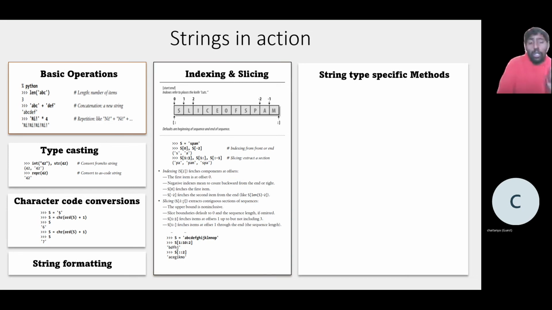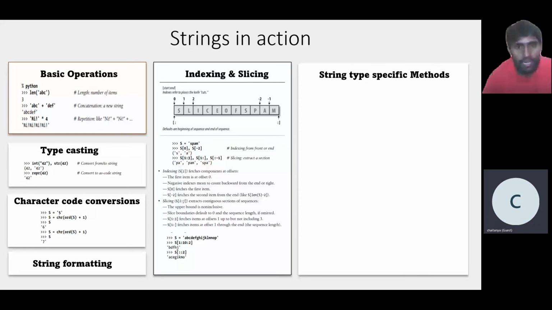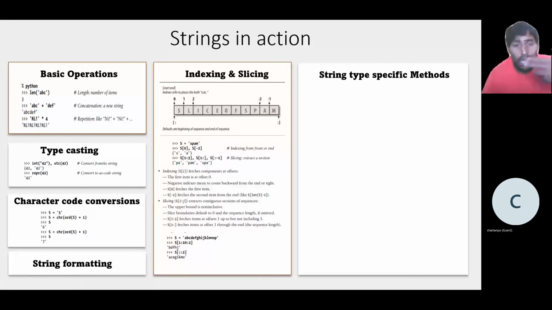So now, in a collection, for indexing, you have forward indexing or reverse indexing. If you see clearly, your first character index is 0, and that's forward and it goes on.